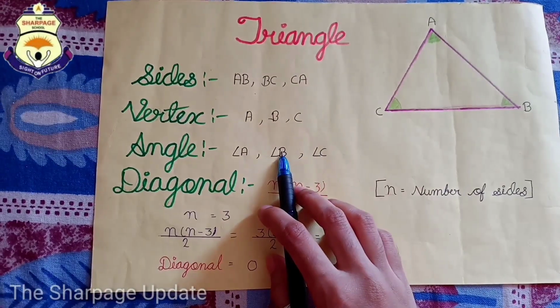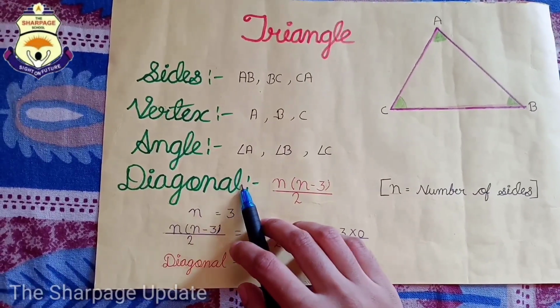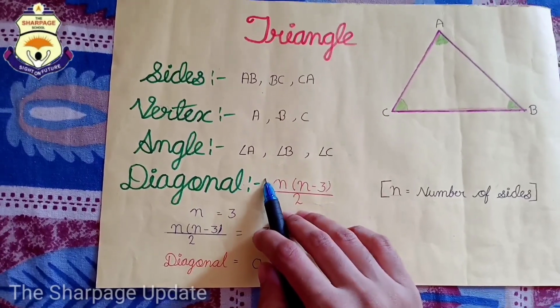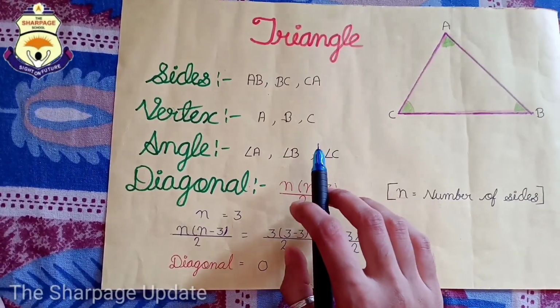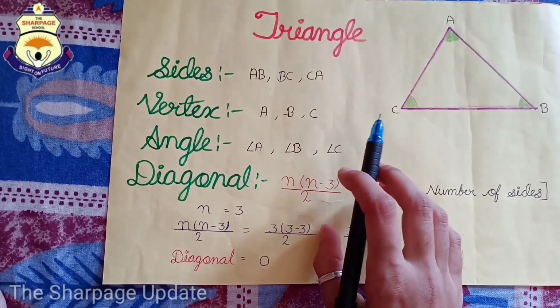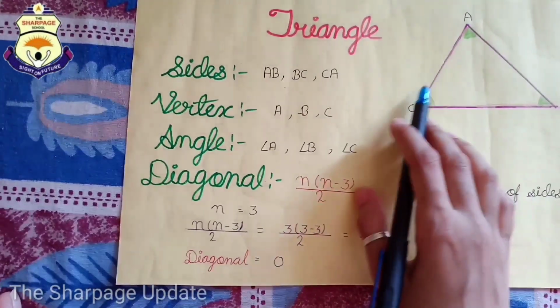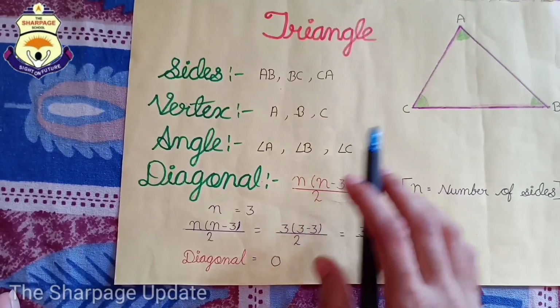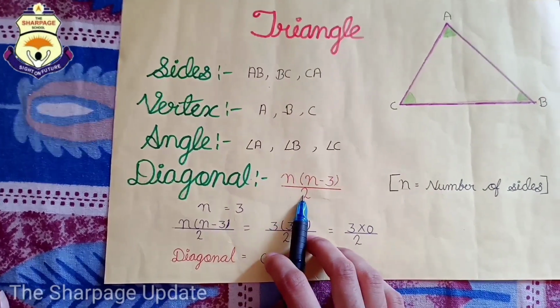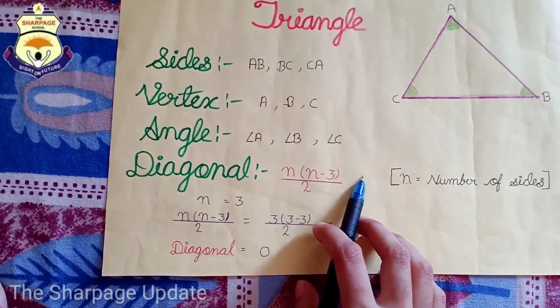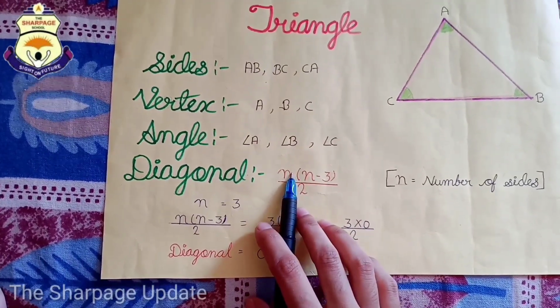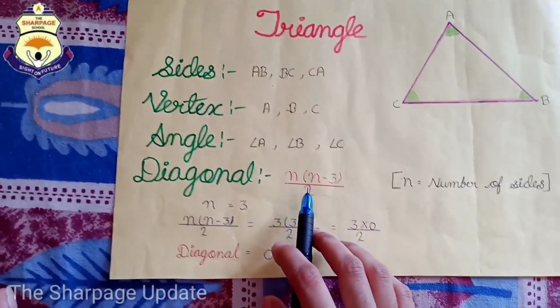Now let's know how many diagonals there are in a triangle. Firstly, we have to know what a diagonal is. A diagonal is a line segment that goes from one corner to another, but it's not an edge. There is a formula to know how many diagonals are in a shape. The formula is n(n minus 3) upon 2.